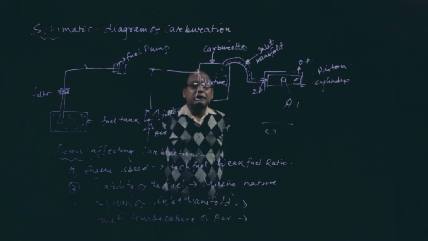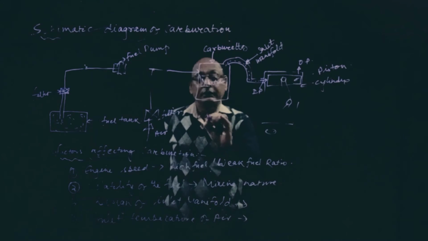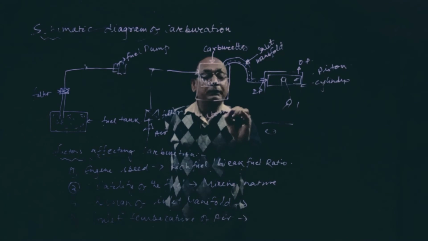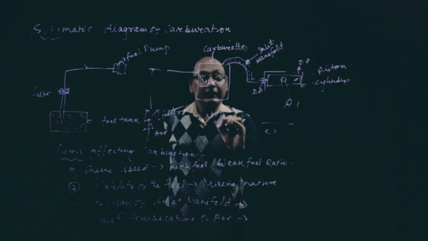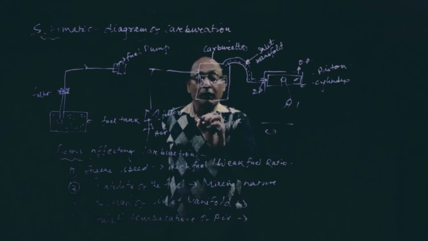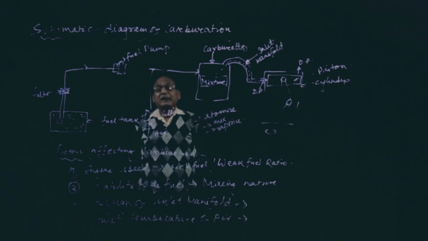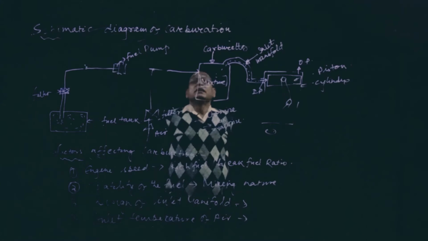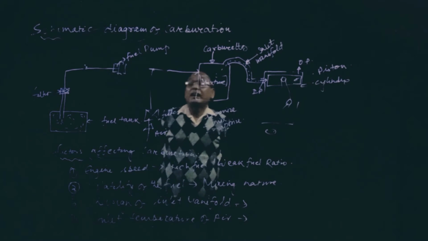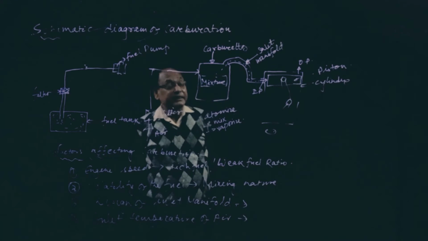Otherwise it cannot atomize. See, as I told you, it should atomize, mix, then vaporize. These are the operations for the fuel and the air, then only proper mixing will take place. So this is about how the carburation takes place and what are the factors affecting the carburation.